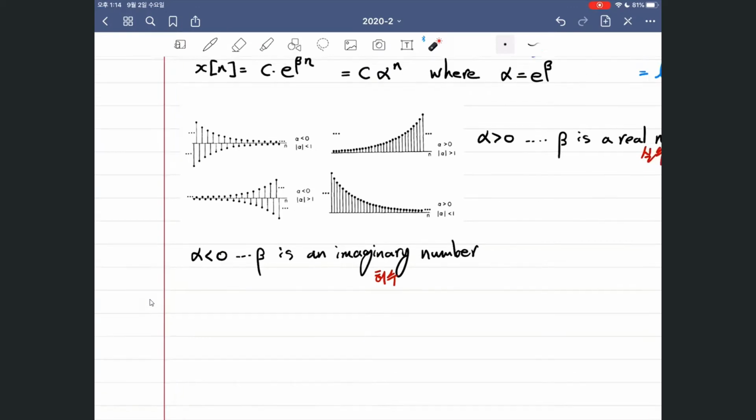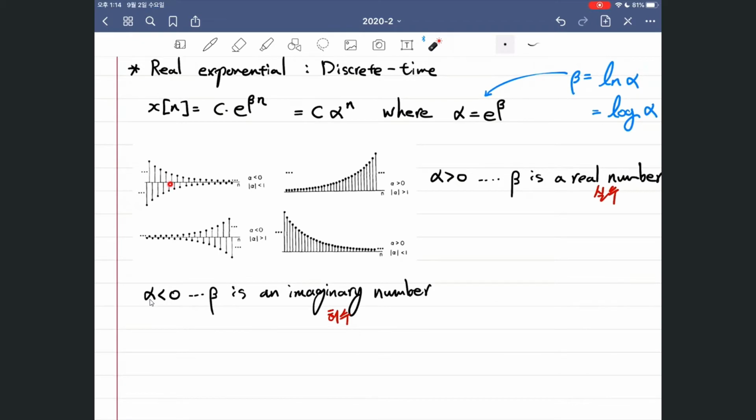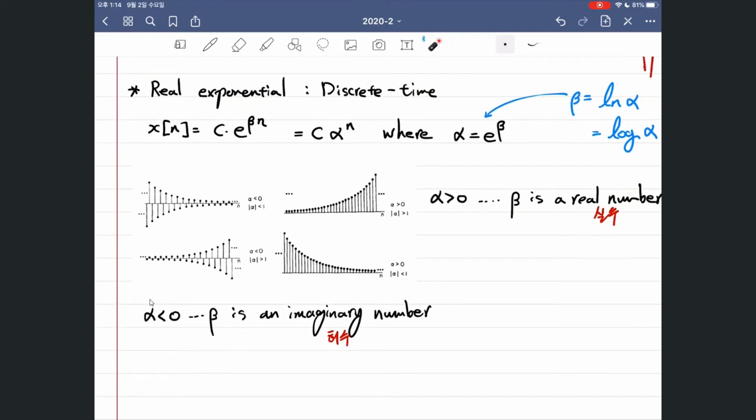So please notice the difference between these four figures depending on the value of alpha. And in summary, even though beta can be an imaginary number, we call it a real exponential because c and alpha are real.